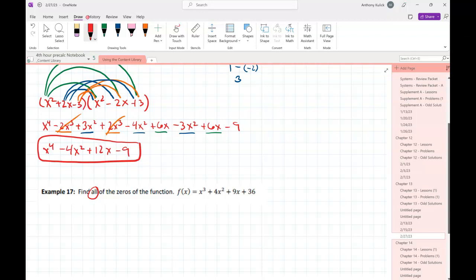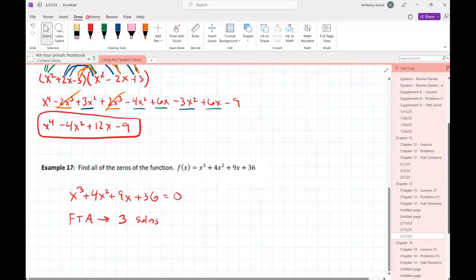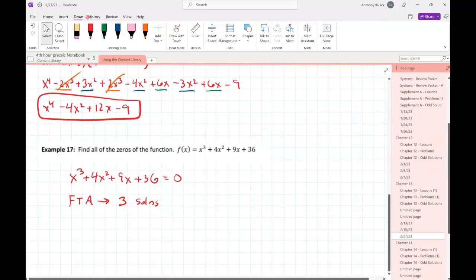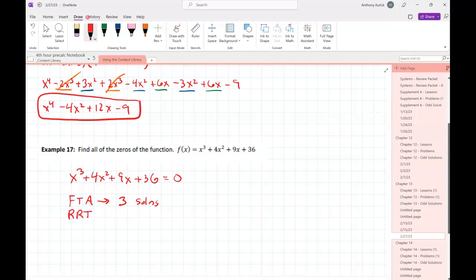So in this problem, how many total should we be looking for? 3, exactly 3, right? So we start by setting it equal to 0. And then we observe from the fundamental theorem of algebra, we know we're looking for 3 solutions.